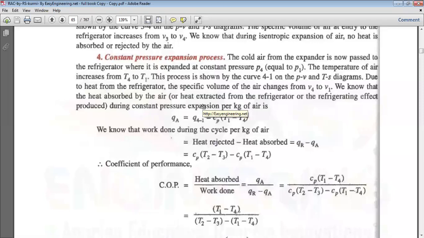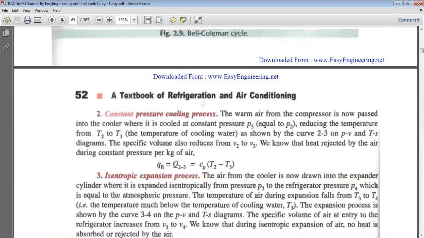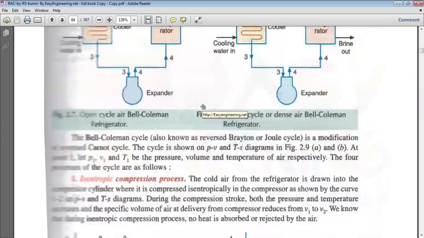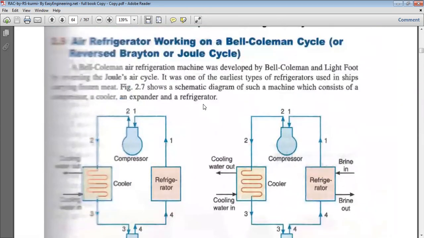Brayton cycle is nothing but a slight modification of a Carnot cycle. Now, if I operate in the reverse direction, reverse Brayton cycle or reverse Joule cycle, it is the Bell-Coleman cycle. That is, Bell-Coleman developed the cycle by reversing the Brayton cycle. That's why we call it the Bell-Coleman cycle.